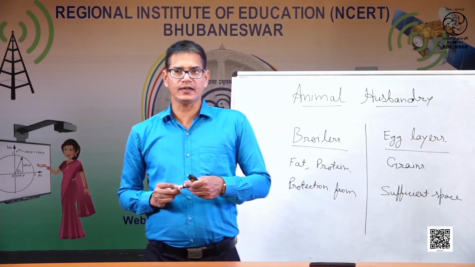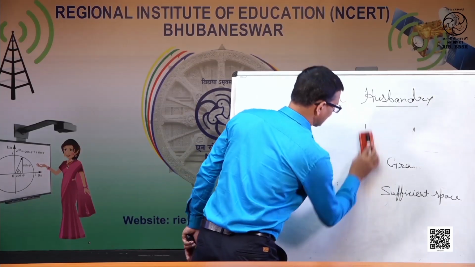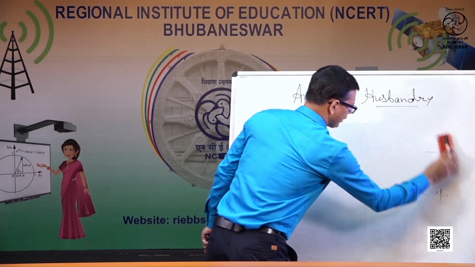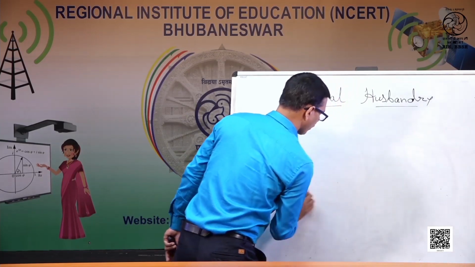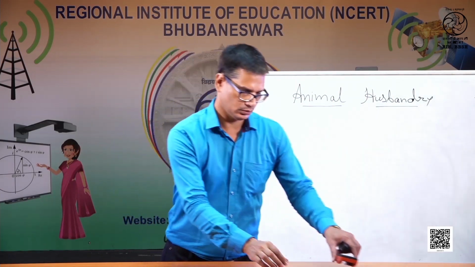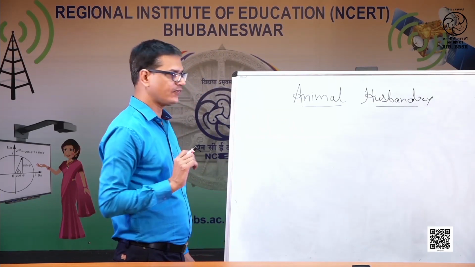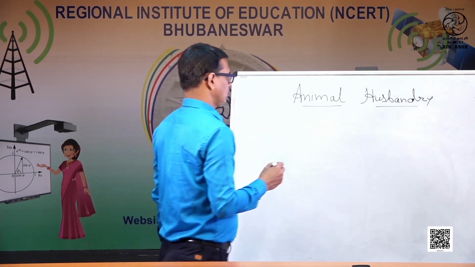Next, question number 3. What are the advantages of composite fish culture? You can answer it very easily. What I said, in the case of composite fish culture, all parts of the pond are utilized, and for that 3 to 4 types of fish are selected.